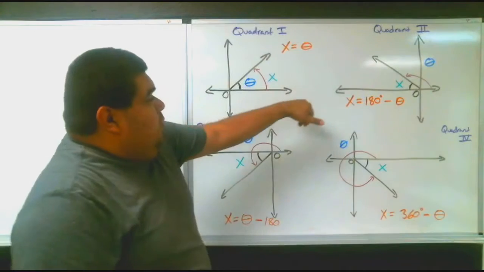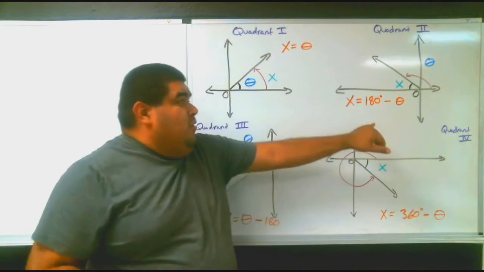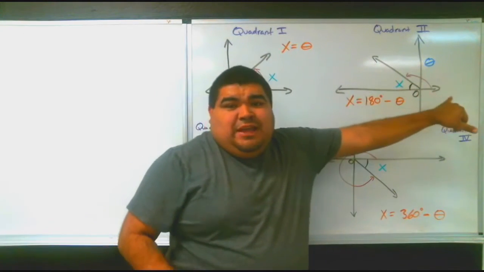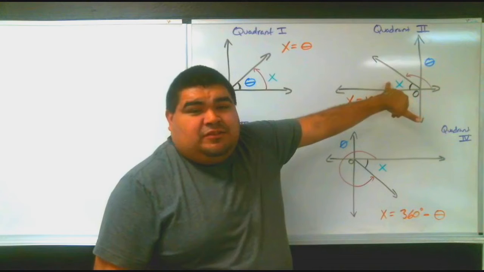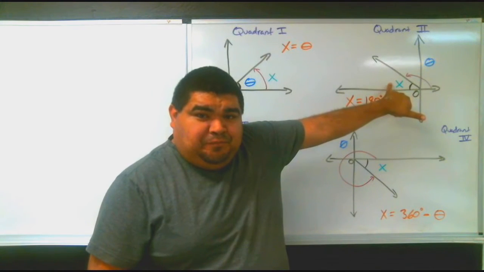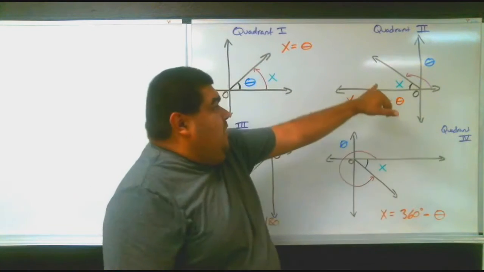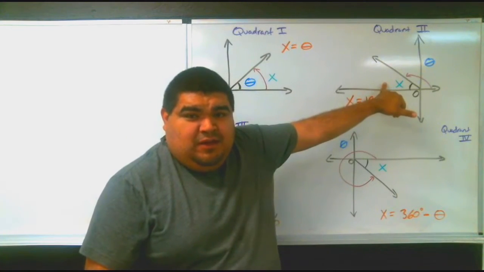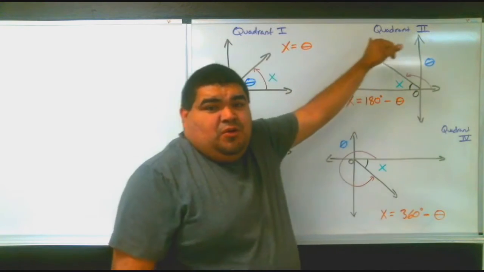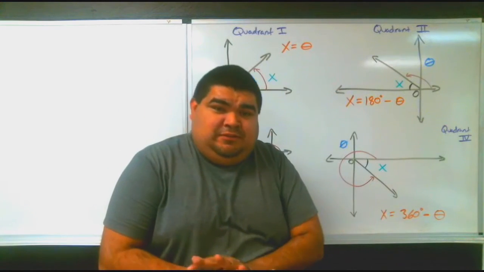When it comes to quadrant 2, notice that the smaller angle is closest to your x-axis. This is what's most important, your angle here. When you're trying to solve for that angle, if you go from 0 all the way around to the x-axis, that is 180 degrees.